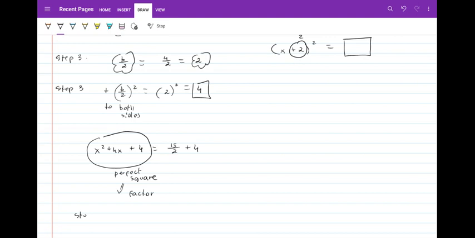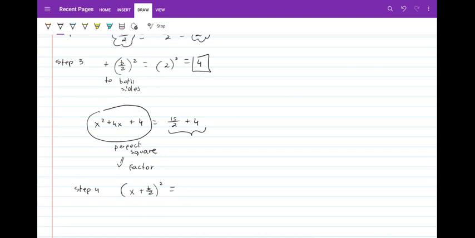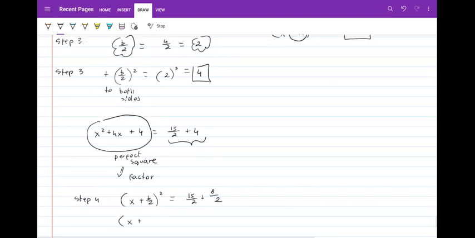So that will be step 4. And that will give you x plus b over 2 squared equal 15 over 2 plus 4. 4 is the same as 8 over 2. So we have x plus, don't forget that b over 2 was equal to 2, so we have x plus 2 squared equal 23 over 2.